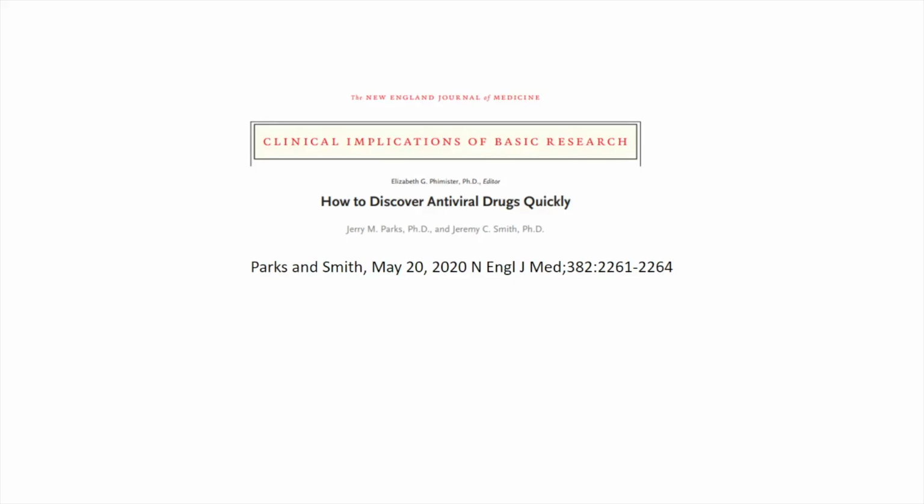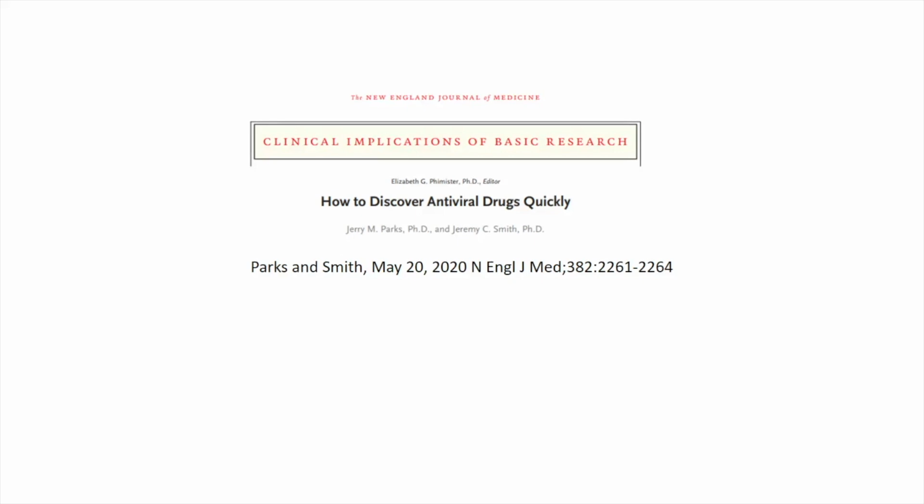One approach is obviously to hope that drugs that have worked against a different virus, sofosbuvir worked against hepatitis C, can work against Hep E, or remdesivir worked against Ebola, it's going to work against COVID, something like this, some luck.